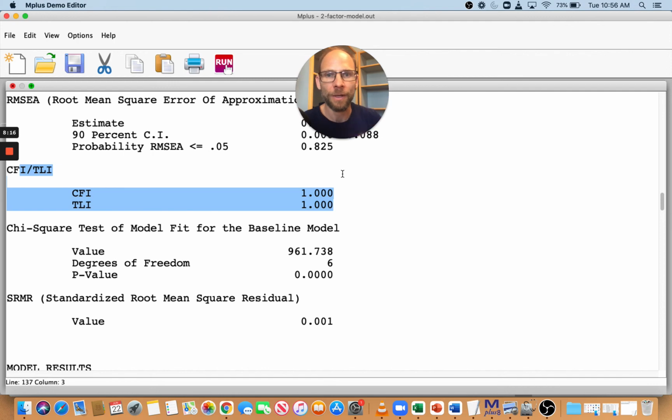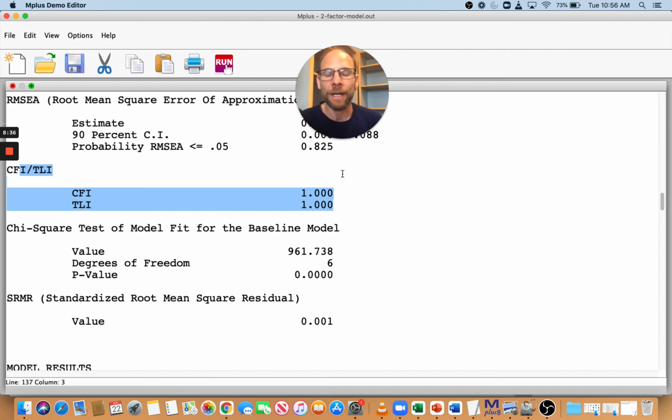So in those formulas for the CFI and TLI, the Tucker-Lewis index, the two chi-square values are compared, and also the degrees of freedom for the target model versus the baseline model are compared, and then that is summarized in a single number in those indices.